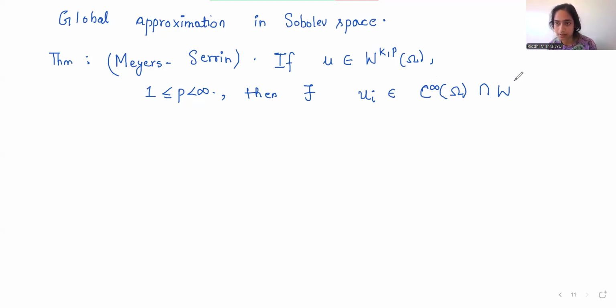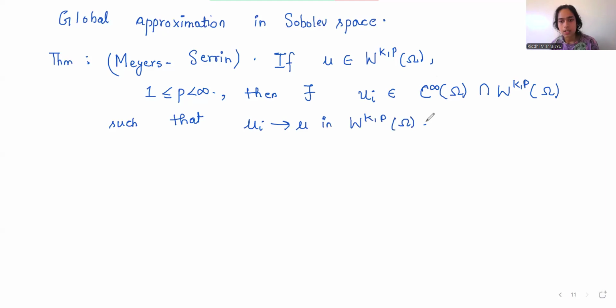We are taking this intersection also, such that u_i converges to u in W^{k,p}. So here we are trying to approximate globally, but we cannot do it with only a smooth function. We have to take the smoothness intersection W^{k,p}.